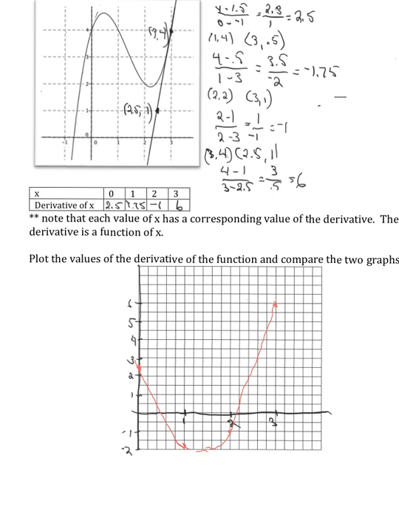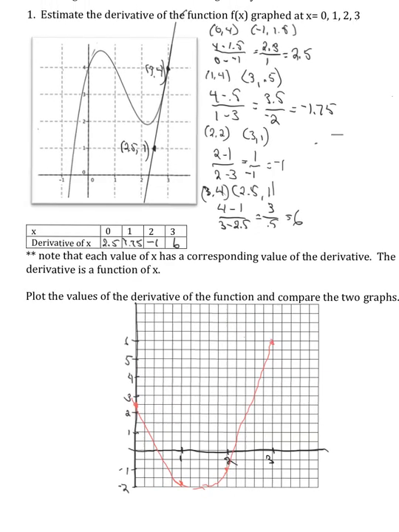So now I'm going to take a look at that. I can see that my original graph, and let me pull this down so I can see it and you can see it. My original graph was increasing from negative infinity up to about here. And I'm going to say that's about 0.5.